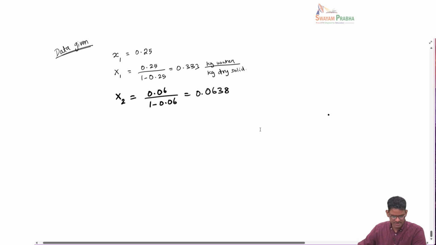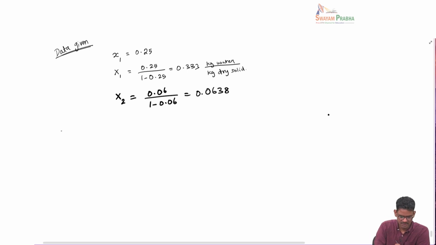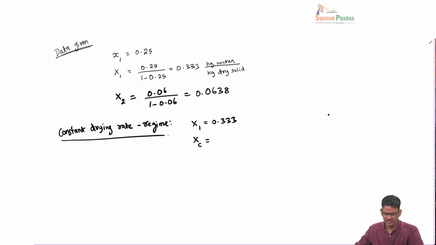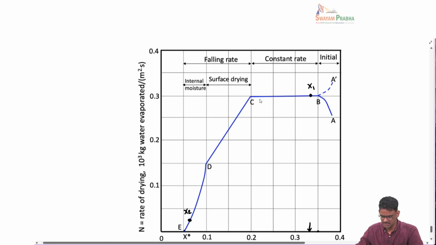The first range is the constant drying rate regime. Here X1 is the initial moisture content, which is 0.33, and the critical moisture content Xc is 0.2.